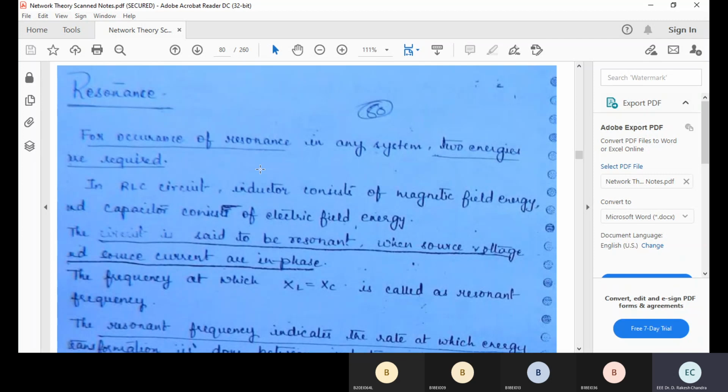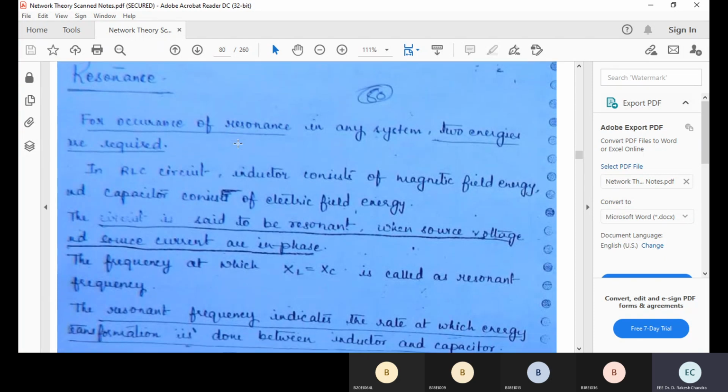What is omega? 2 pi F. So F is equal to 1 by 2 pi root LC. That particular F is called FR, the resonant frequency. The frequency at which inductive reactance is equal to capacitive reactance is called the resonant frequency.